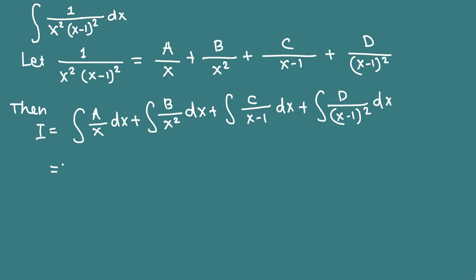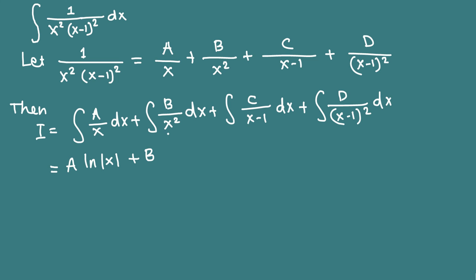Okay, a is a constant, so we can pull it outside and what remains is 1 over x dx. The integral of 1 over x is natural log of absolute x, plus b outside 1 over x square.